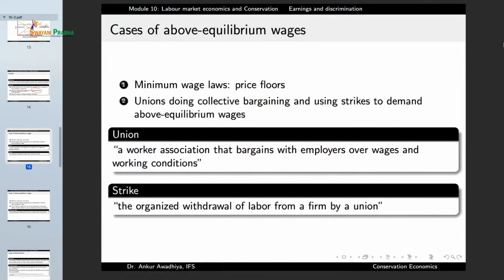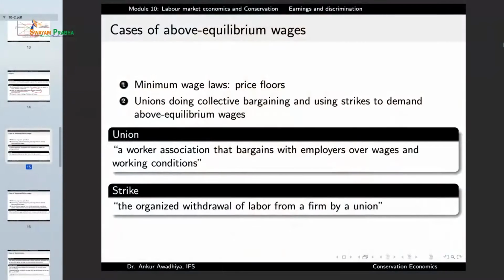A union is a worker association that bargains with the employers over wages and working conditions, and strikes are the organized withdrawal of labor from the firm by a union. So the union says that if the firm does not pay the workers at this rate, we will not permit anybody to work. This is very similar to the case of the minimum wages put in place by the government.